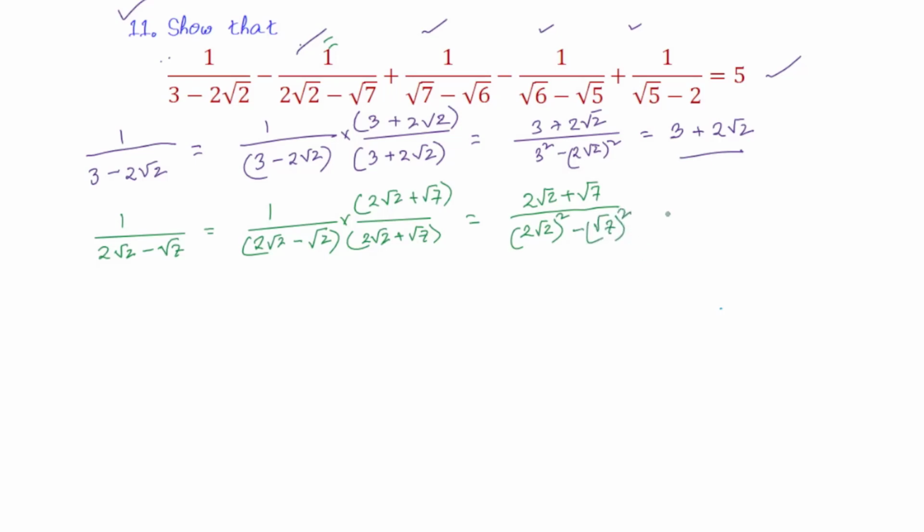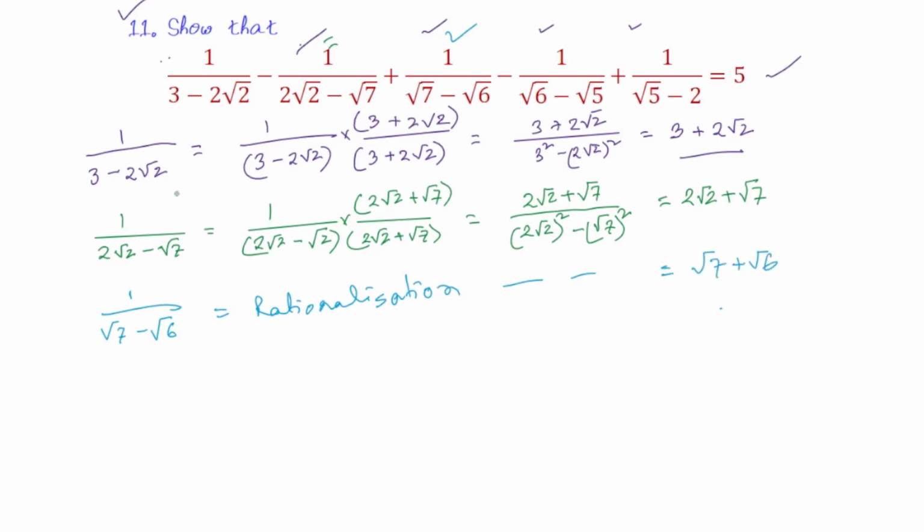So 8 minus 7 will be 1, and therefore this is equal to 2 root 2 plus root 7. Then next term, if you do the rationalization, this is equal to root 7 plus root 6.